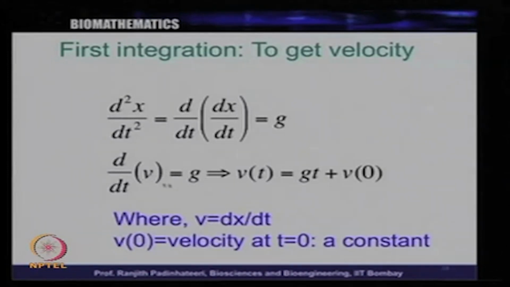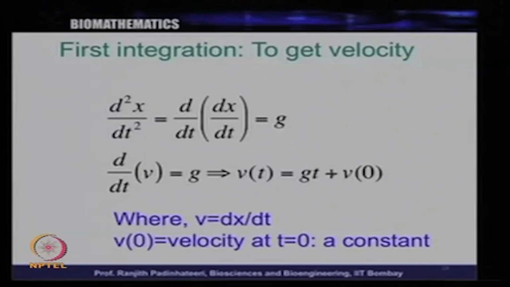So, the equation becomes dv by dt equal to g, and this is a simple ordinary differential equation that we have been seeing in the previous class. Such an equation has a solution v equal to gt plus a constant, and that constant, as we said previously, is basically the velocity at time equal to 0. So, essentially you can write v of t is equal to gt plus v of 0.